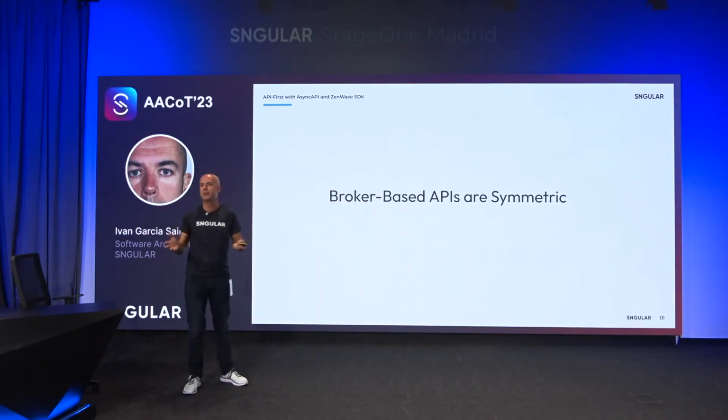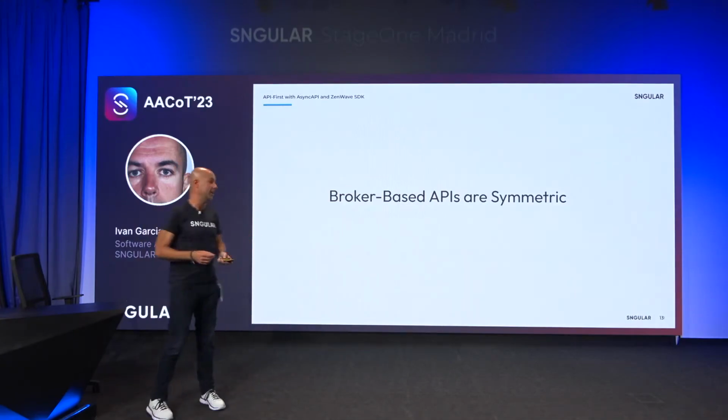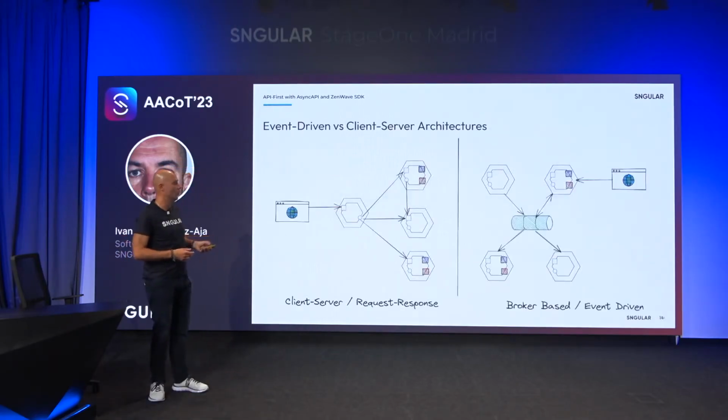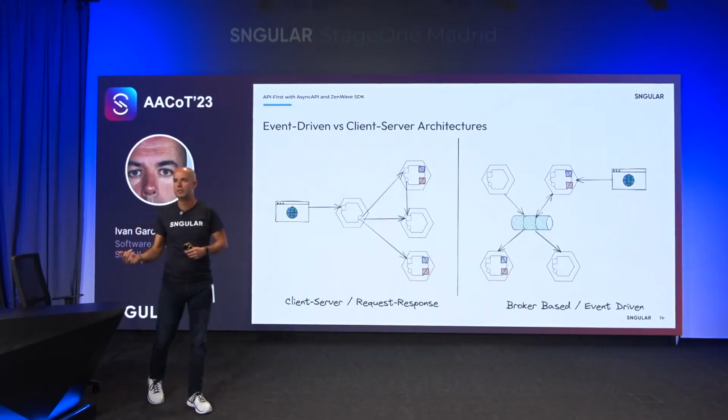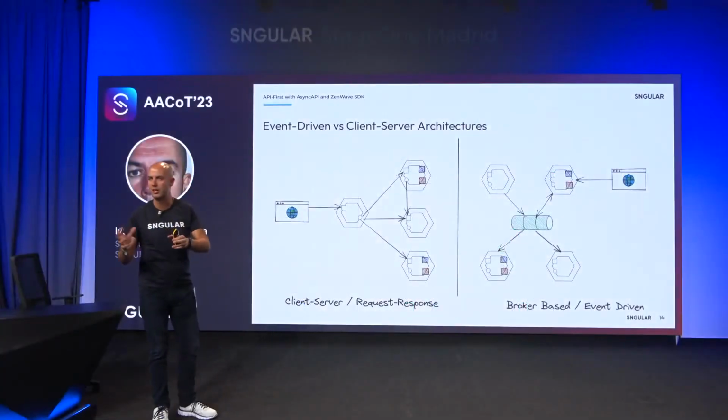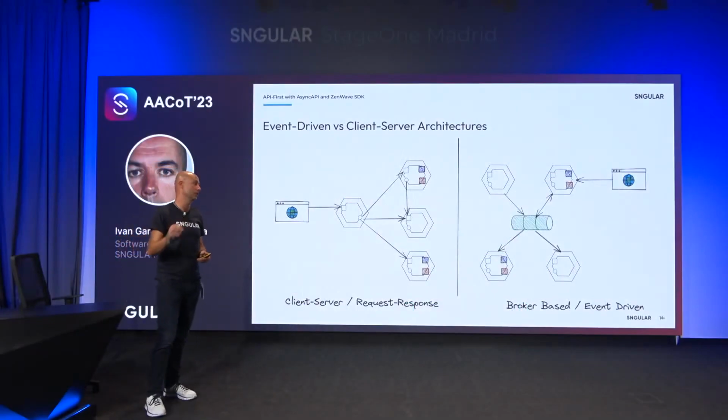asynchronous event-driven APIs, and it is that they are symmetric. I think this is one of the main differences between REST APIs or HTTP APIs and event-driven APIs, because REST APIs are client-server and request-response. They talk together, they know each other, and they talk together synchronously.